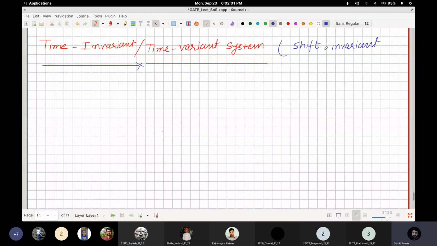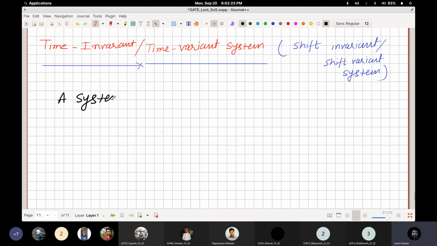So let's move on to this shift invariant, or you can call this shift variant, system. Okay, so let me just write this definition here.